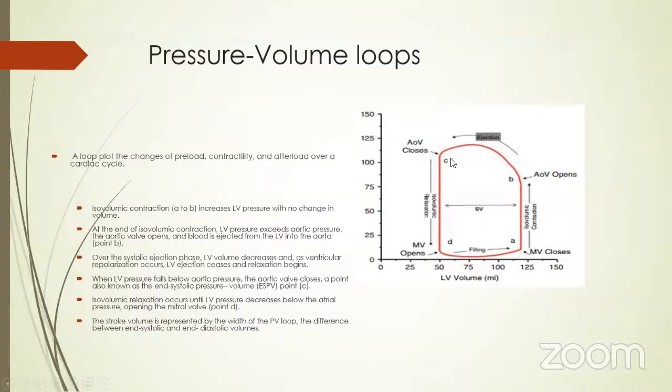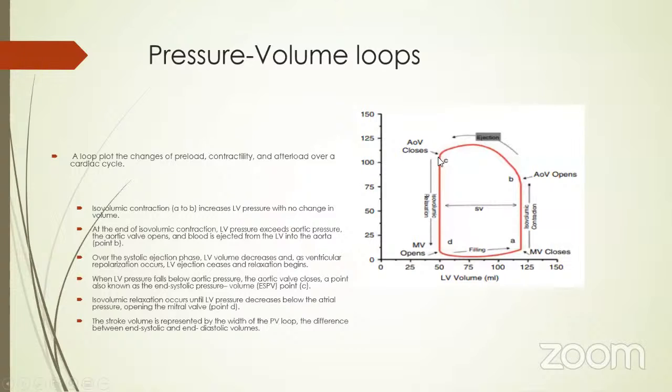So at the end, when the ventricle starts to repolarize, the pressure in the left ventricle will decrease under the pressure in the aorta, and here the aortic valve closes. This point is also called the end systolic pressure volume point, and will be discussed in the next slide. It has its own importance.